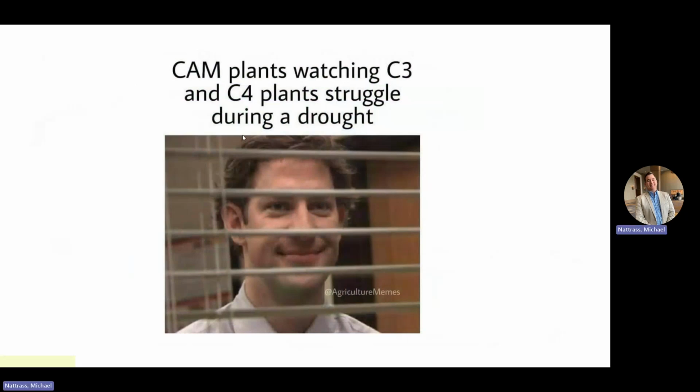So they can really regulate these processes within themselves, and they're not as susceptible to the environment. So, thinking about CAM plants as we move into warmer temperatures with less water, that pathway is going to be at a greater advantage.